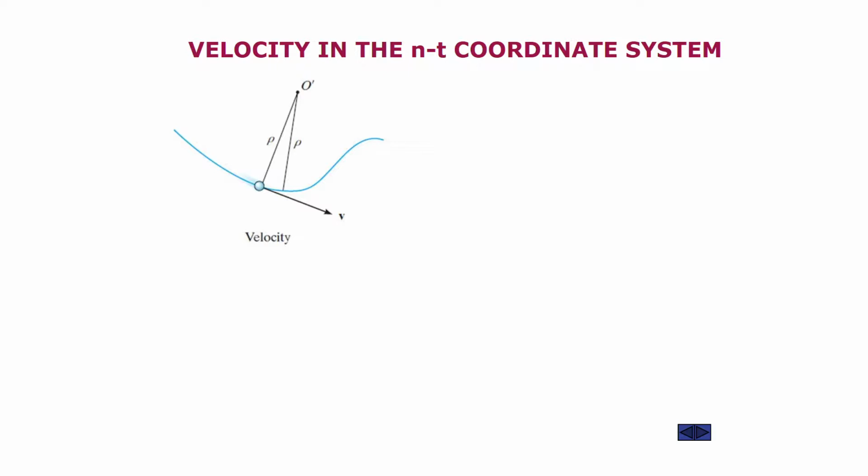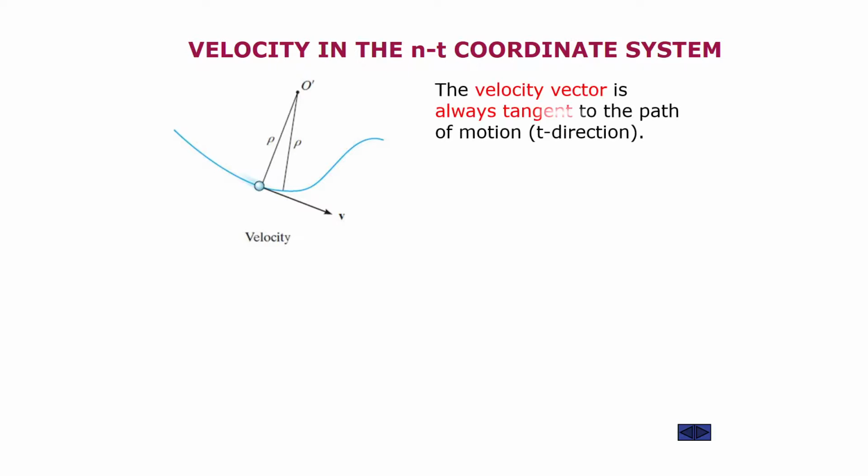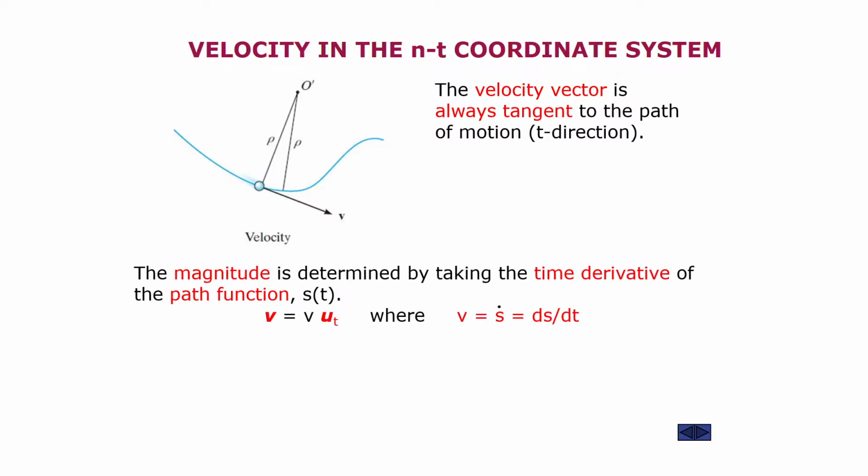Velocity in the n and t component system. The velocity vector is always tangent to the path of motion, in the t direction. The magnitude can be determined by the time derivative of the path function.